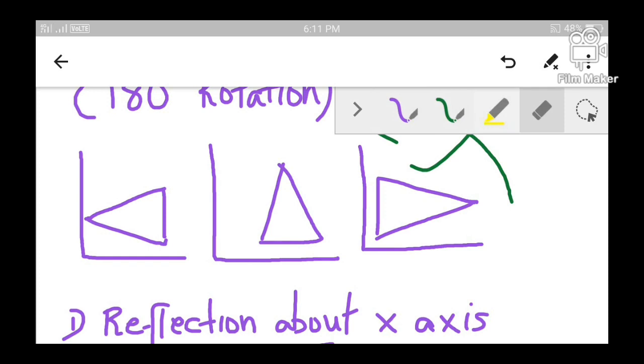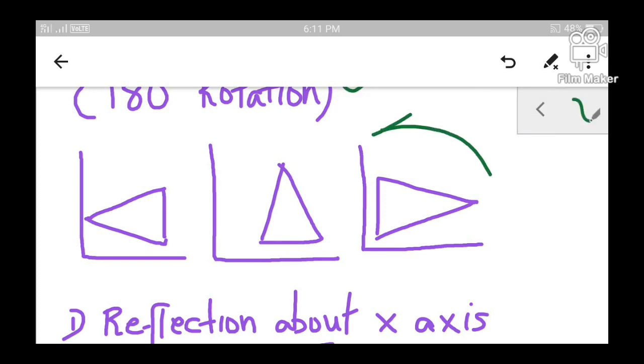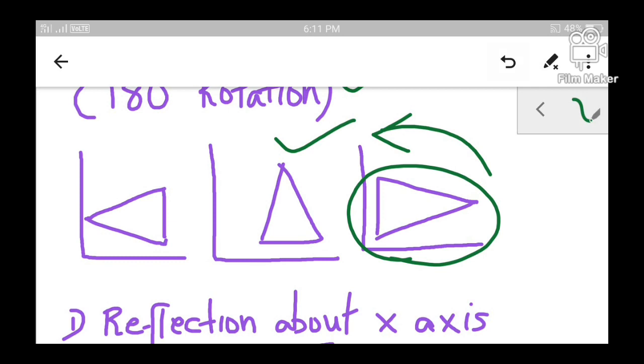I am rotating the object in the anti-clockwise direction. So when this object is rotated by 90 degrees, the object will become like this. Initially it was at this position. Once the object is rotated in the anti-clockwise direction by 90 degrees, it reaches this position.